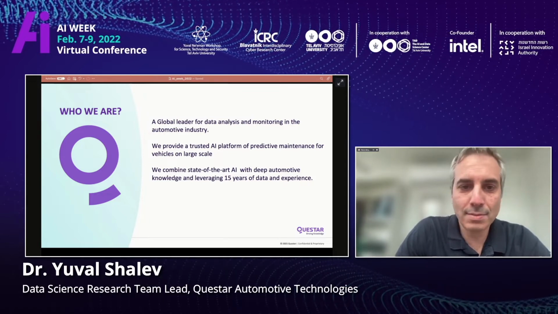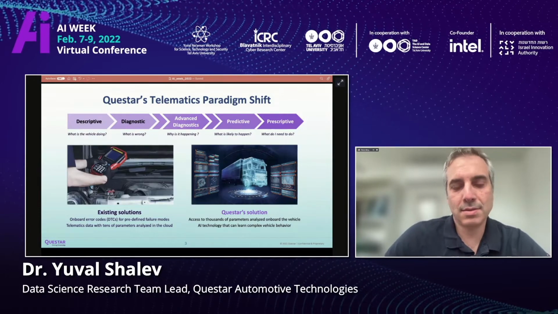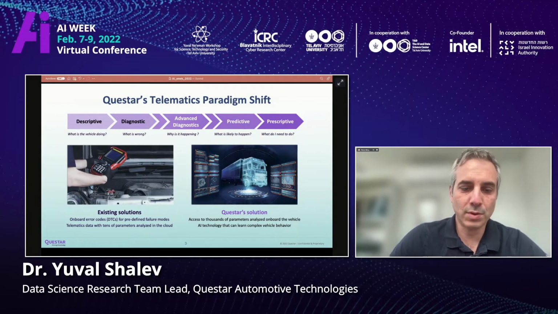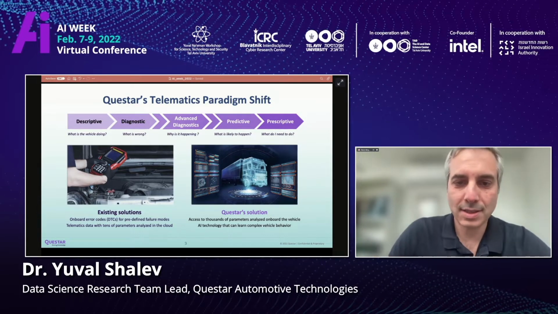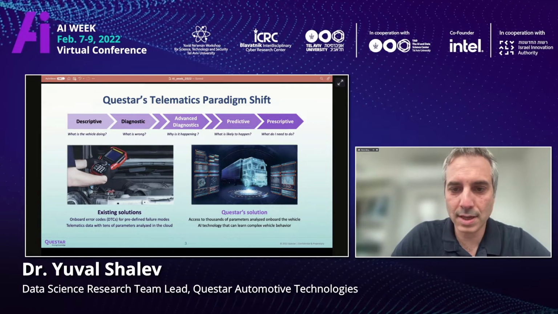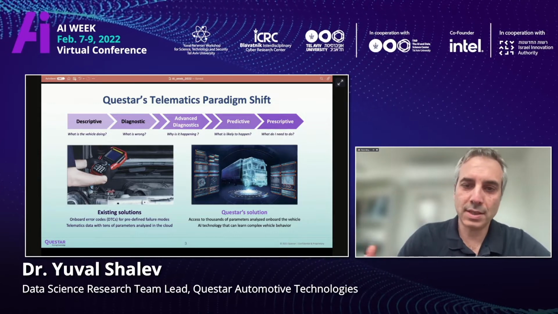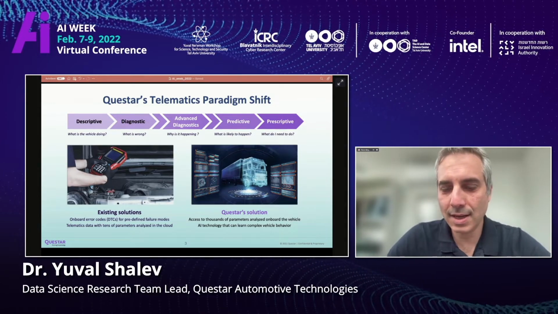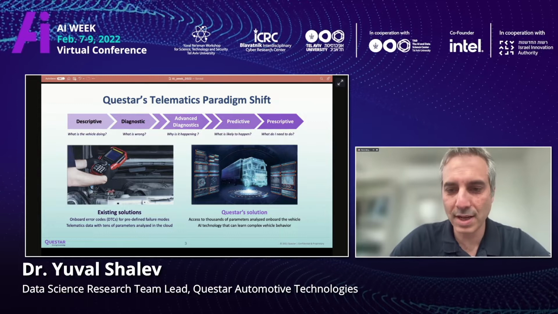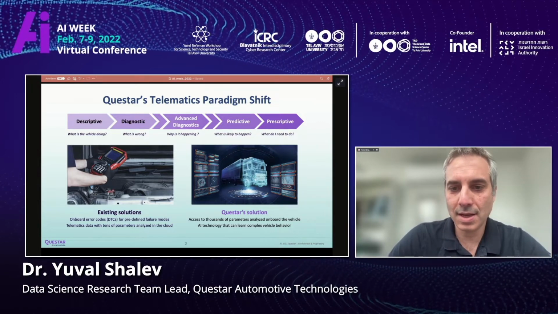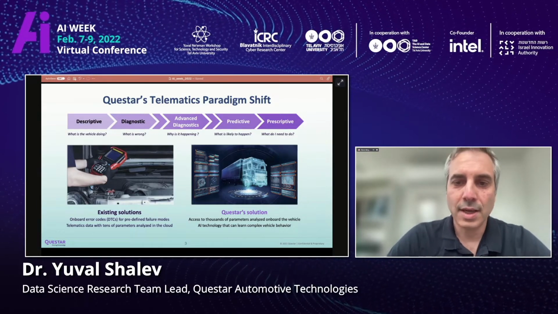Our main goal is to move from the world of diagnostics, or what we call the light in the dashboard, which we all see in the car when something is broken, to something that is more predictive and can utilize the large number of data points that is provided every second from a modern car.